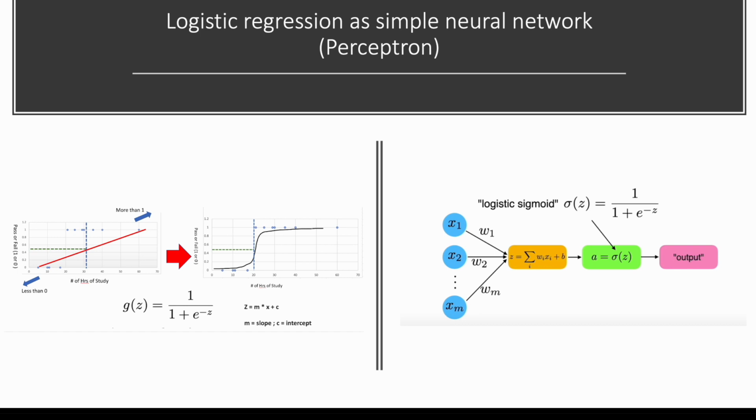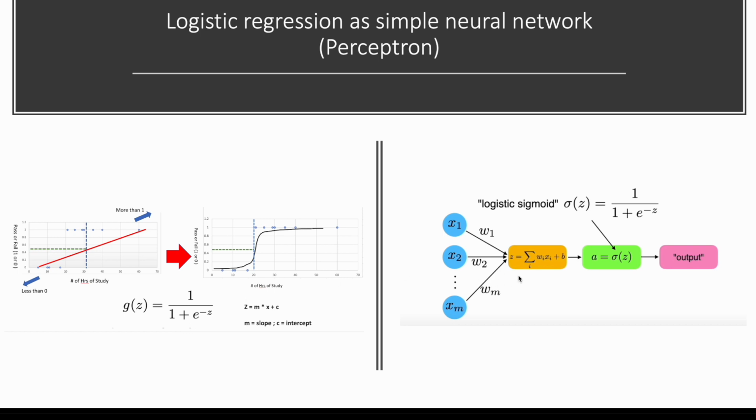So if we have two features, number of hours of study, which is x1, and number of assignments he or she has submitted, x2, what will be my equation? Instead of a line, it will become a plane, and the equation of the plane will be m1 x1 plus m2 x2 plus c. c will still be the intercept term, and then I'm passing it through the same sigmoid function, giving a probability, and I'm fetching the probability on the y-axis, right?